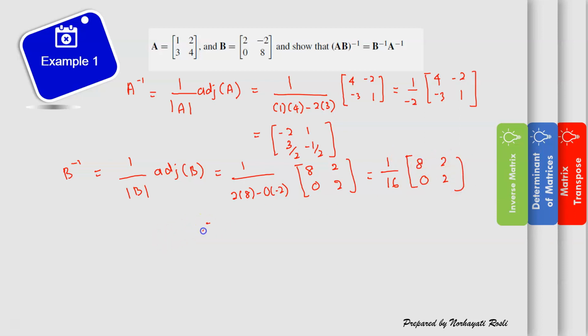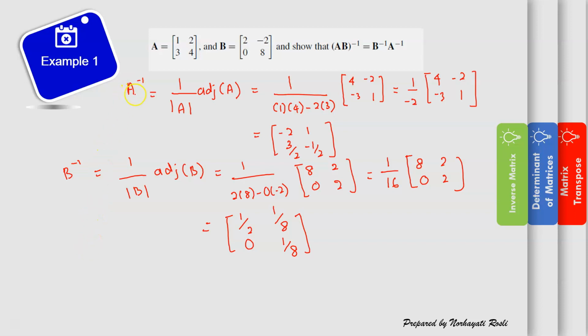When we solve this one, we get 1 over 2 and then 1 over 8, and then we have 0 and 1 over 8 as the inverse of the matrix.